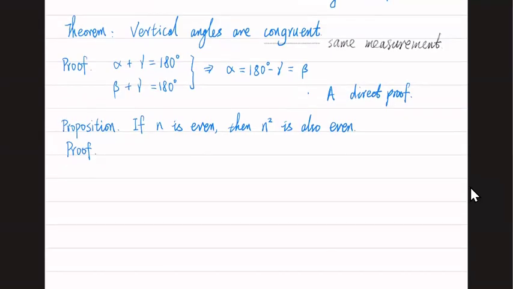So here we use a direct proof. n is even. It means n is 2k for some integer k.